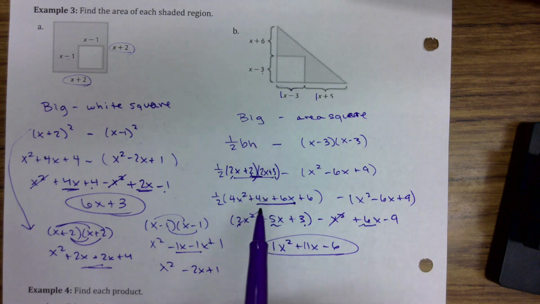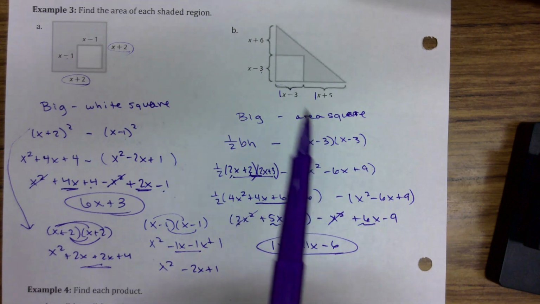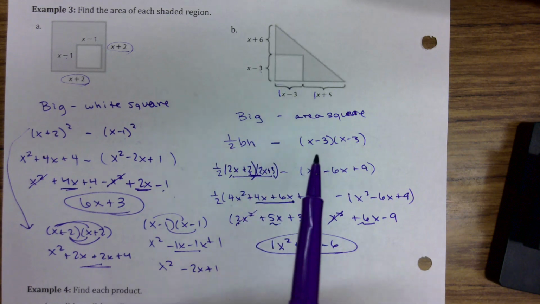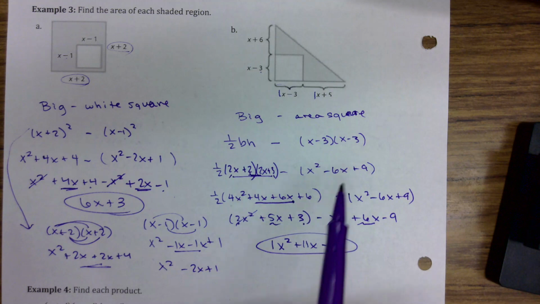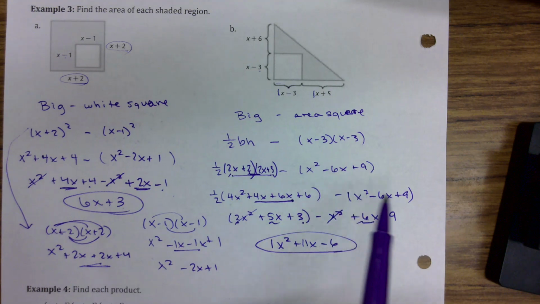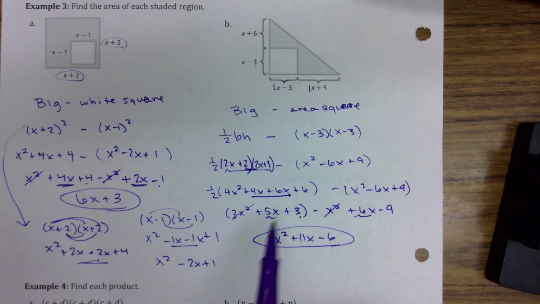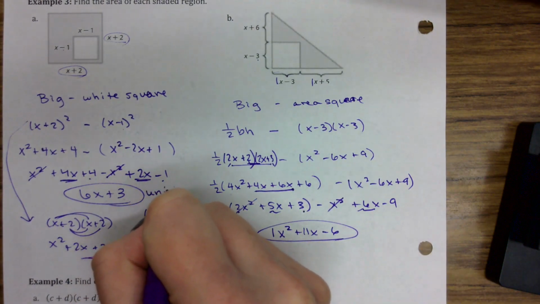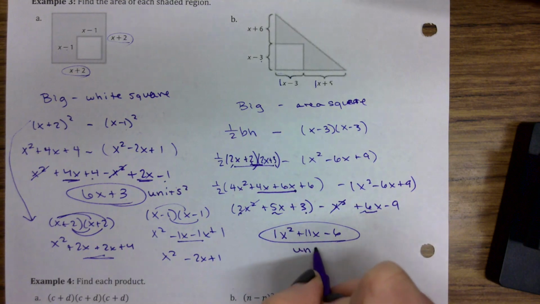So that's the area of this triangle. We subtract the white square to find the shaded region, which is an x minus 3 times an x minus 3. When we FOIL, this is what we get. Then we distribute the negative to each term, and this is our overall result. We're talking about areas here, so we should really say units squared.